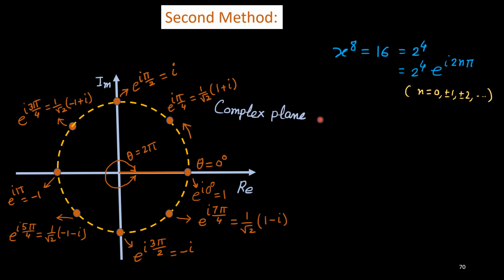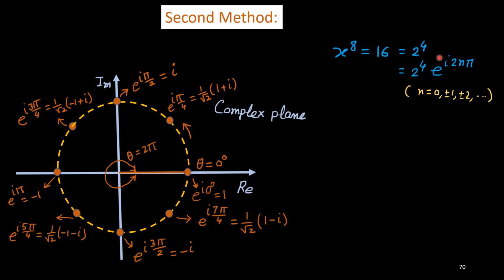So again, e to the power i 4 pi, again it will be 1. e to the power i 6 pi, again it is 1. Thus e to the power i 2n pi, where n is an integer, all integers including 0 and positive 1, negative 1, positive 2, minus 2, all those integers, this is equal to 1.